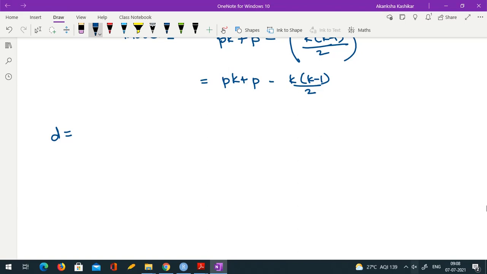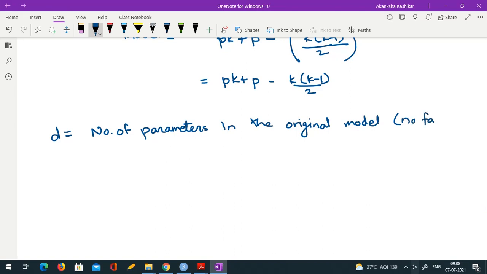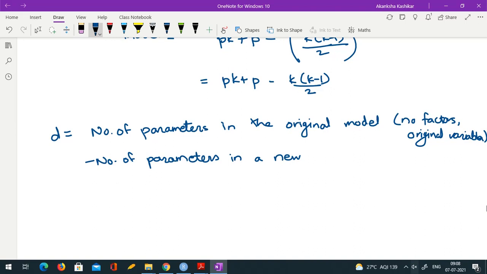So we define D as the number of parameters in the original model, that is no factors, original variables, complete data, minus the number of parameters in the new, that is orthogonal factor model.